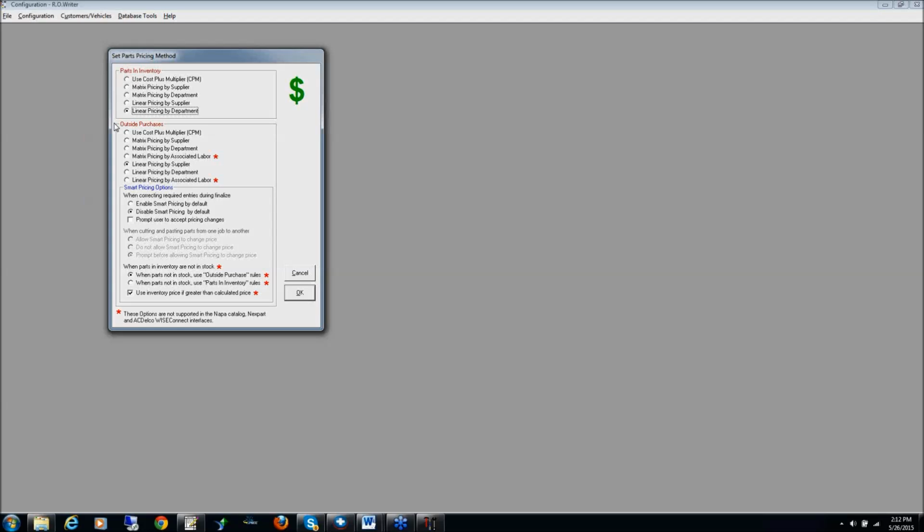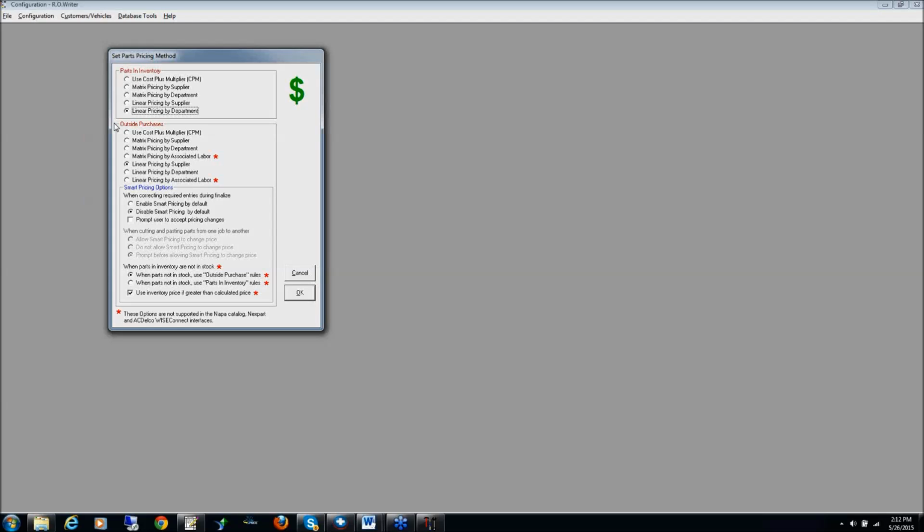If I buy those for $15 and I mark them up 3 times, I sell them for $45, and my delta in terms of what I make in profit becomes $30. So by putting the part on my shelf, saving the $5 in cost, the only person I'm really benefiting is the consumer, because they're paying $45 versus $60 as opposed to if I was buying it on the outside.